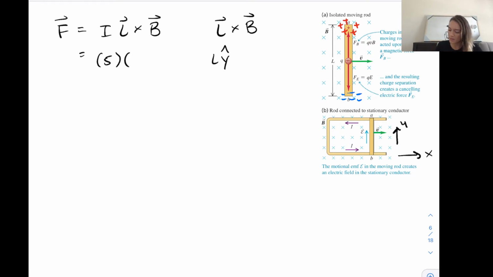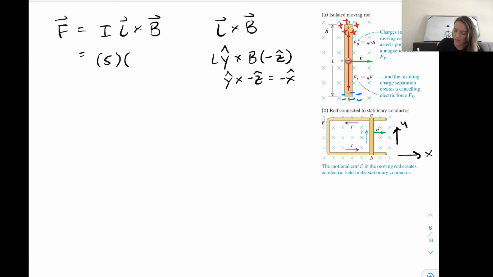We'll keep that as L for now. So we have L in the Y hat direction crossed into B, which is into the page, which would be in the negative Z hat direction according to the coordinate system I set up here. So Y hat crossed into negative Z hat gives me negative X hat, which is to the left in this case.